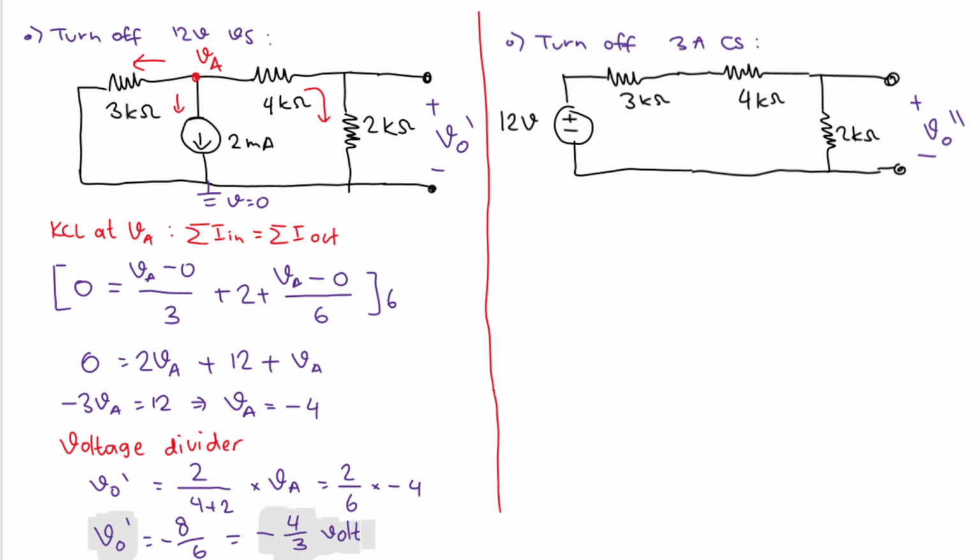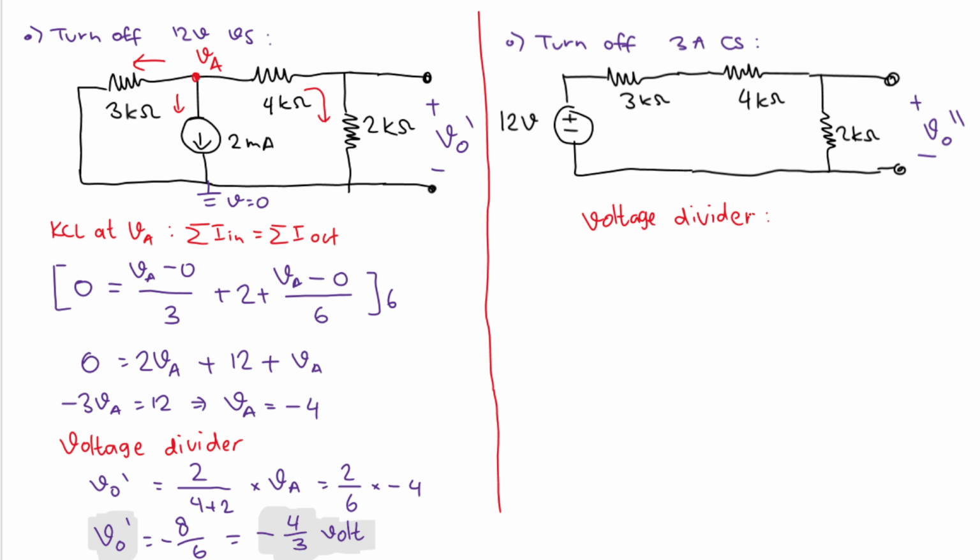Let's do another most important value, which is V0 double prime, which we can get from this circuit, right? And I think this is a simple circuit rather than this one. This is simpler. We can just use voltage divider, right?